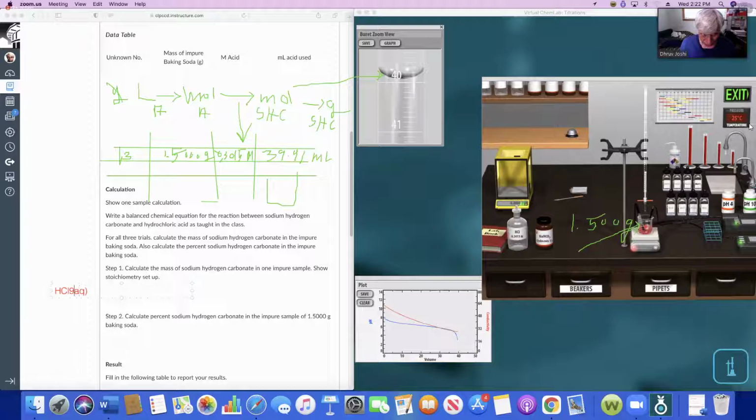HCl(aq) plus NaHCO3. And this is a double replacement gas formation reaction. So you are going to have carbon dioxide formed, water formed, and NaCl formed.